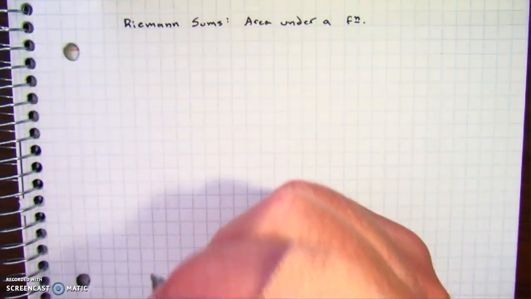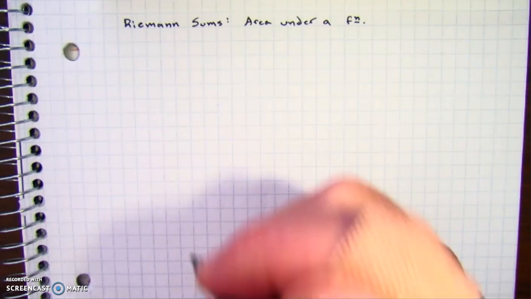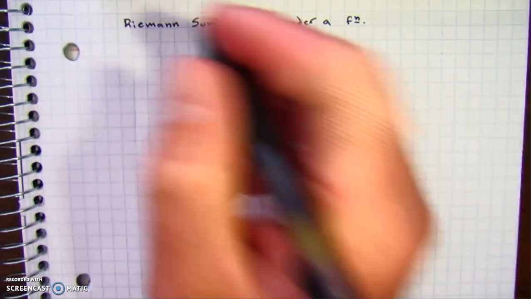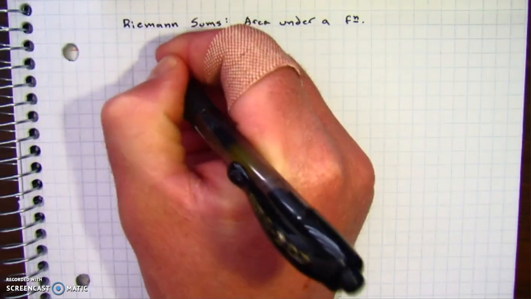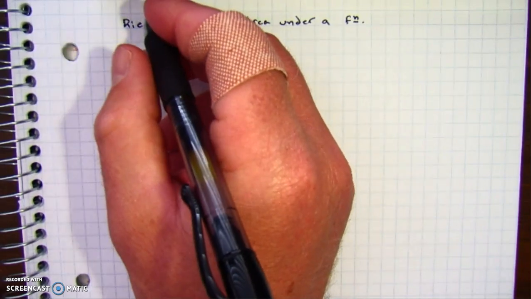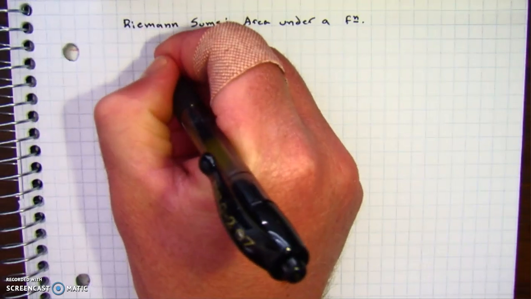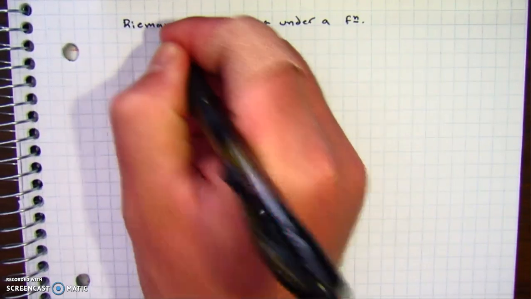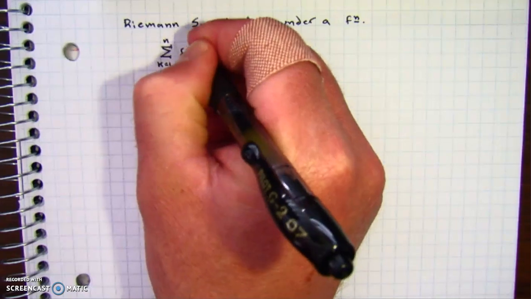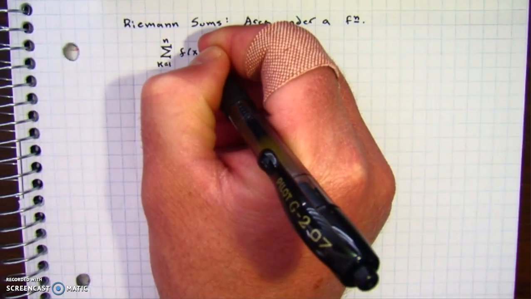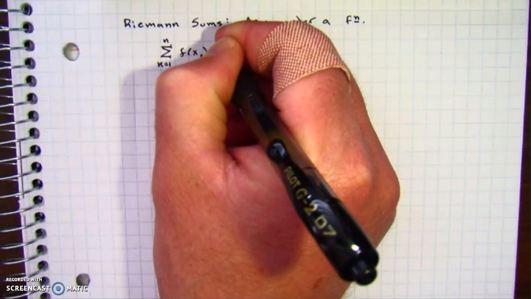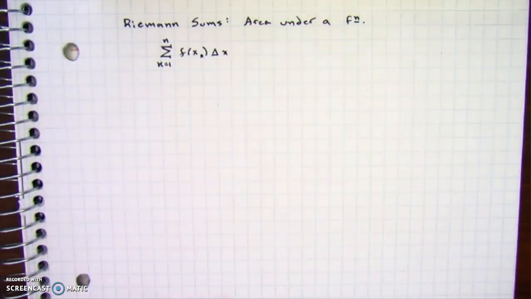So what we're going to do, because we're talking about areas, we're going to have some function. So let's use our sigma notation. We're going to add up these different areas from some value k to n of f of x sub k times the change of x.